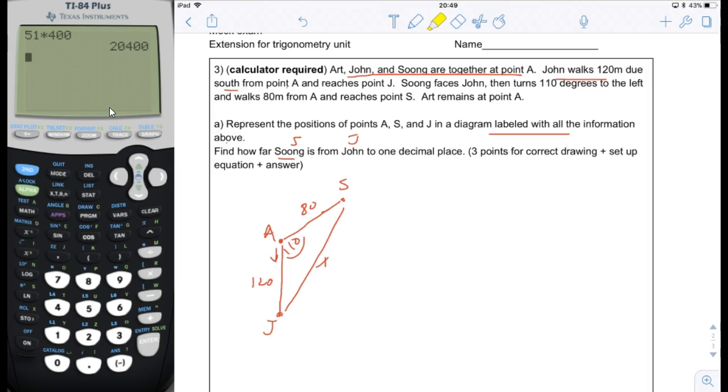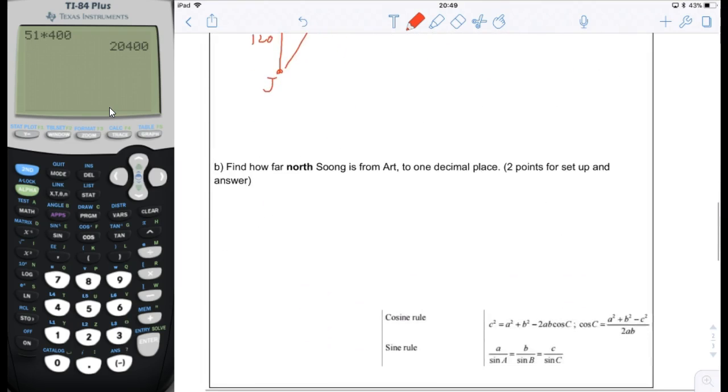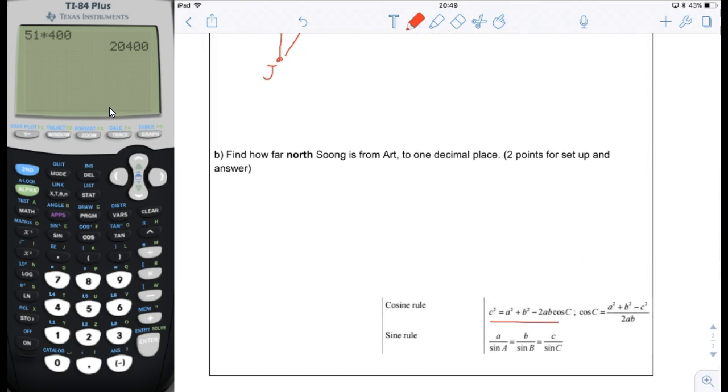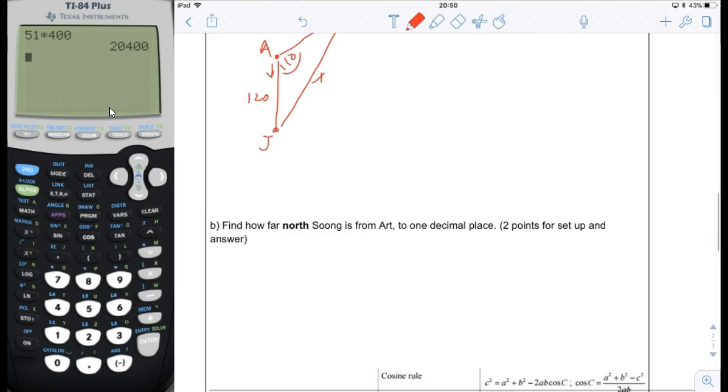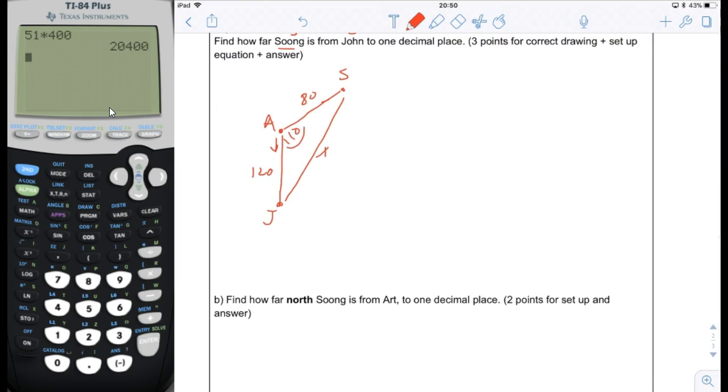Well, with law of cosines, you're going to take the formula which we have down here. We're going to have little c squared equals a squared plus b squared minus 2ab cosine big C. Okay, we know what big C is.